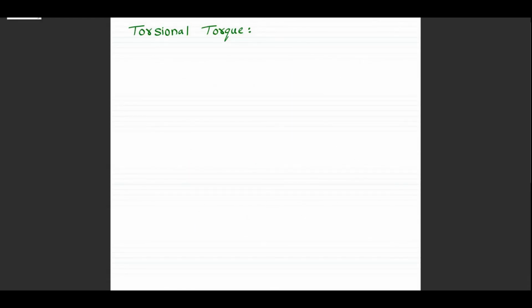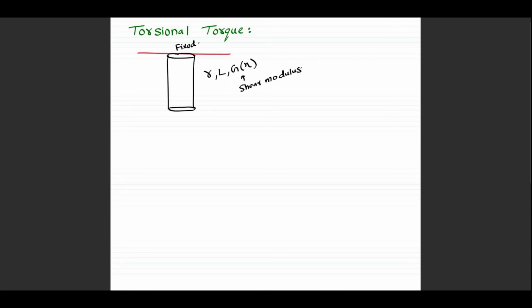We will briefly discuss torsional torque. We'll only require the formula. Say you have a rope like this, fixed here, radius is r, length is L, and shear modulus is G, which is also represented by eta somewhere. This is the shear modulus. Say this end is twisted by an angle theta. This is the twist angle. Then the restoring torque will be this.